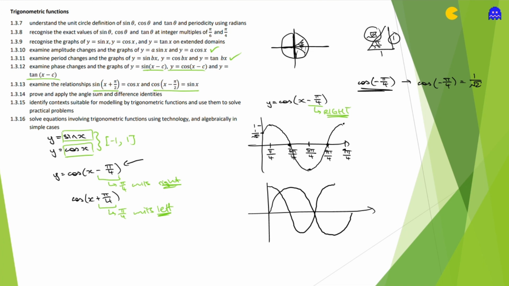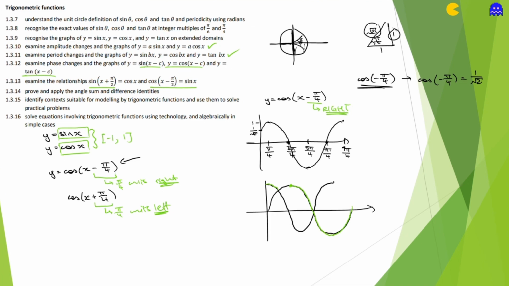My cosine graph, for example, which starts here, starts on the sine graph at this point right here, right? And so if we consider the sine graph and the cosine graph, this is not my best sine and cosine graphs.